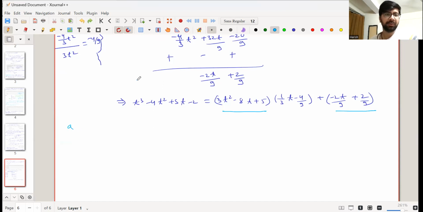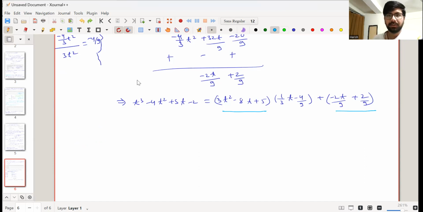If you want to find the GCD of A and B, then write A as BQ plus R. If R is equal to 0, then fine. If R is not equal to 0, then write B as some B dash Q plus R dash. If R dash is 0, then fine. Otherwise, proceed the same with B dash and R dash, right? That's what we are doing.